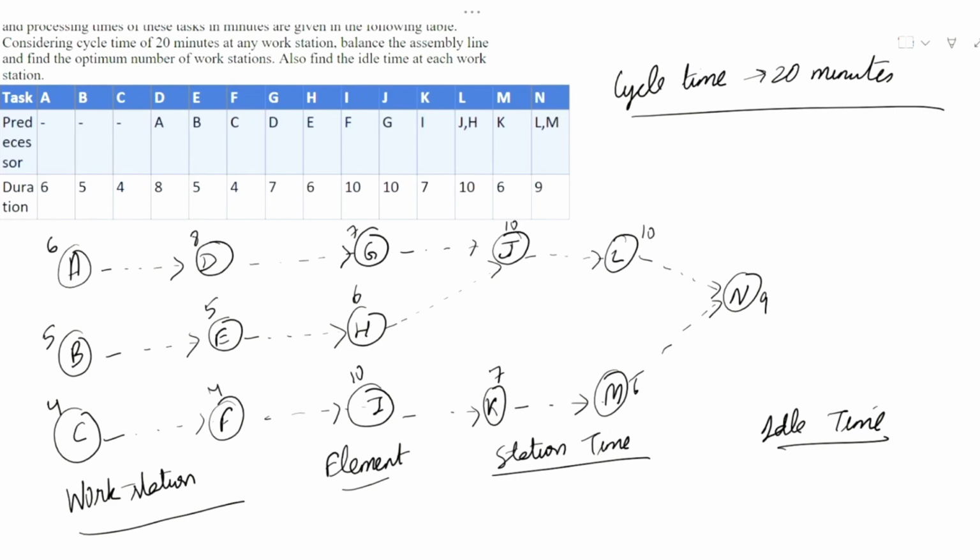Now we will group each of them. Okay. So we will first start with A, B, C, and E, and this will become one workstation.